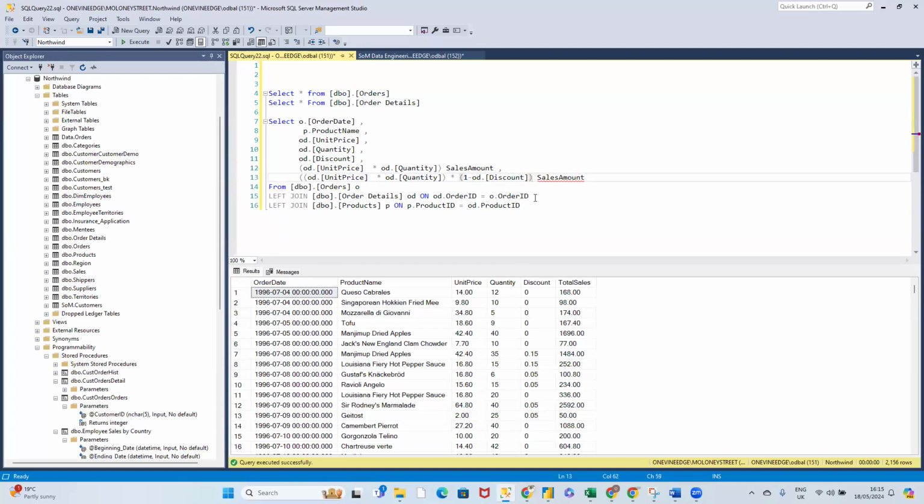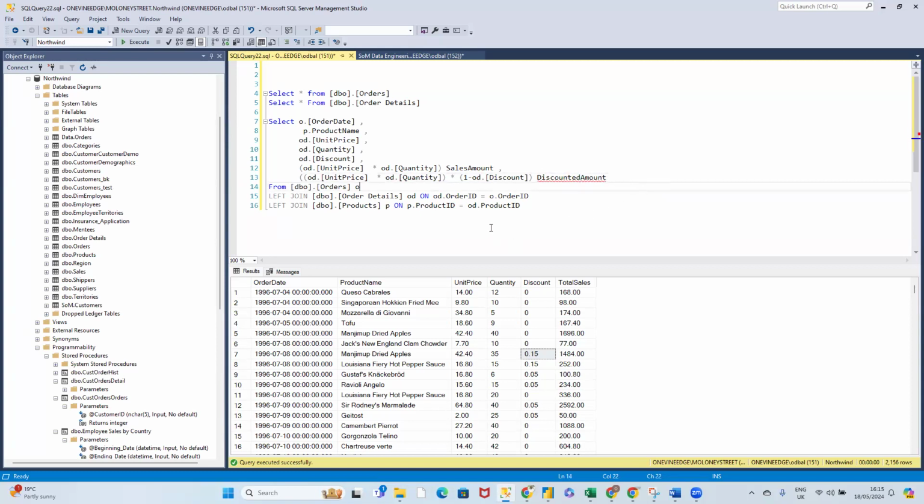So why am I doing this? What this bit is doing is, this customer has got a 15% discount. So meaning that the total amount they paid is 85% of the sales amount. Let me call this discounted amount.